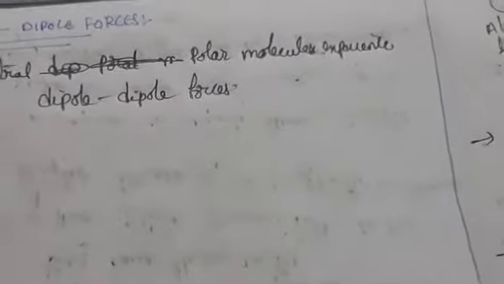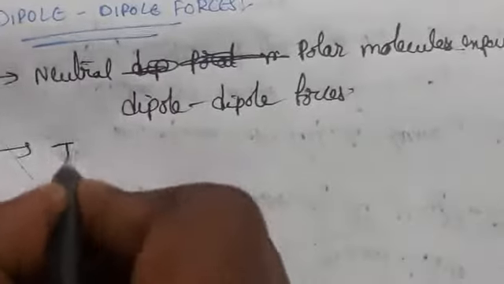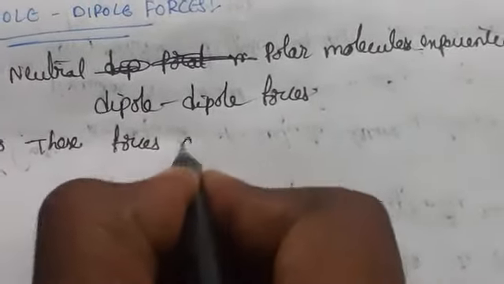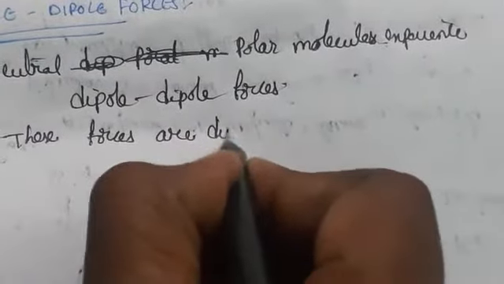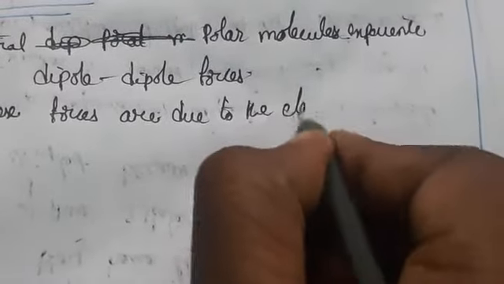So how do these forces arise? What is the reason for these forces? These forces are due to the electrical interactions between the dipoles on neighboring molecules, meaning adjacent atoms.